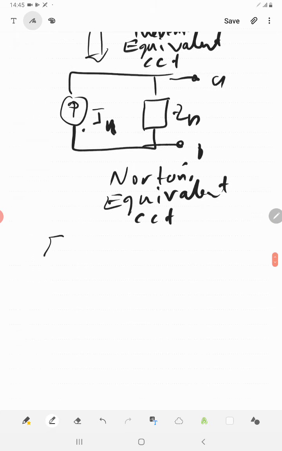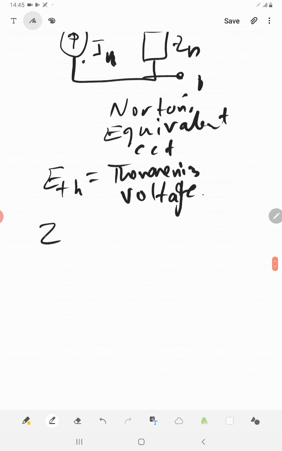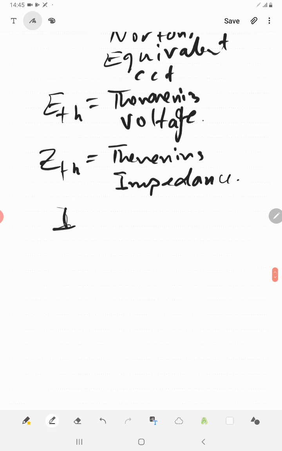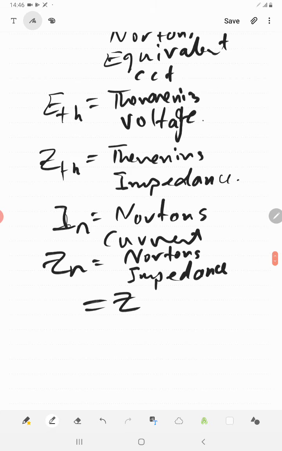Okay, so E Thevenin, same as in DC, is Thevenin's voltage, Z Thevenin is Thevenin's impedance, IN is Norton current, and Zn is Norton's impedance, and Zn is equal to Z Thevenin.